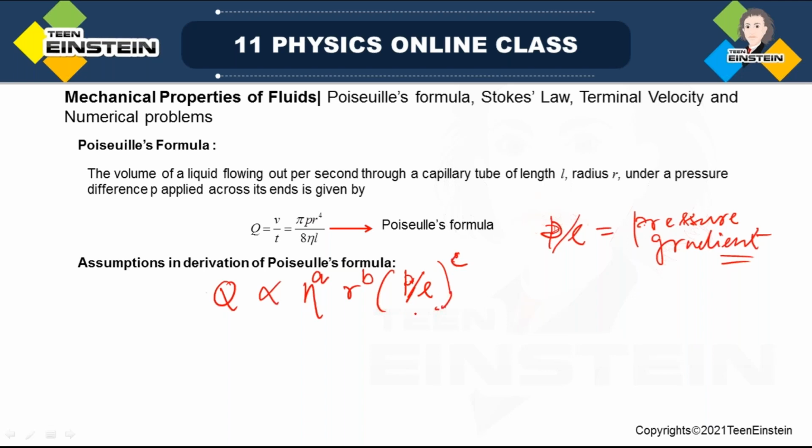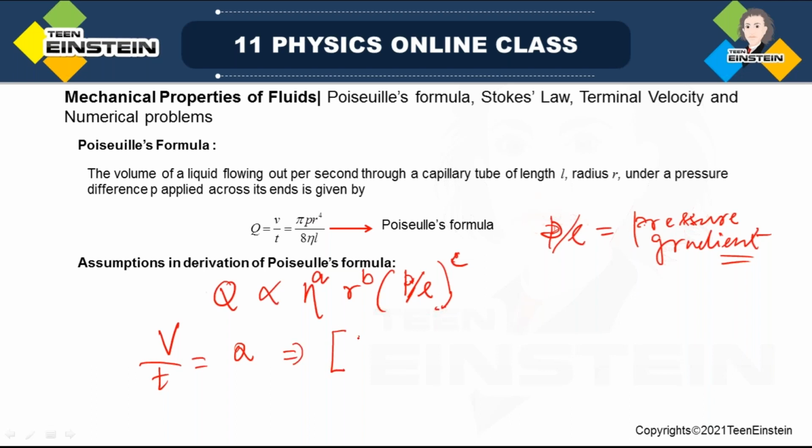Now you have to do the dimensional analysis to find out the values of A, B, C such that you get a relationship. See, this Q is actually V by T, that is the volume per time. Okay, this is Q.